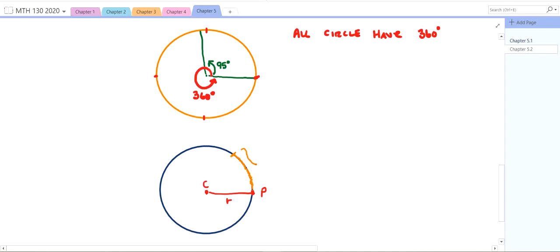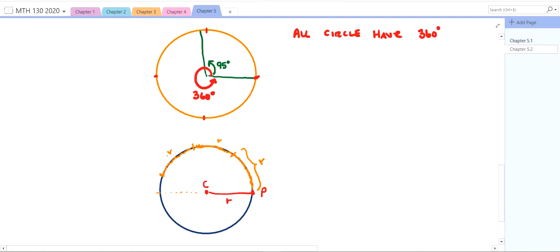So this has a distance of R. Well, that's one length, and then I did it again, and I got two of those lengths, and I did it one more time, and every circle has three of those R lengths.